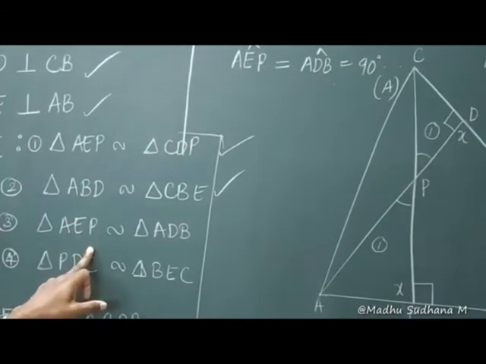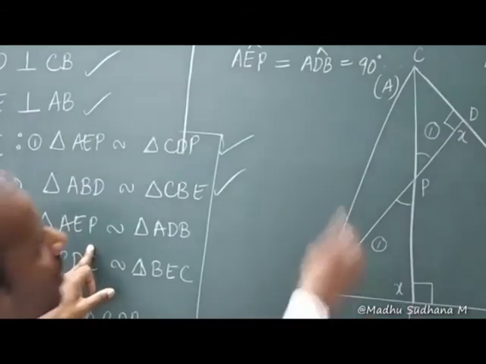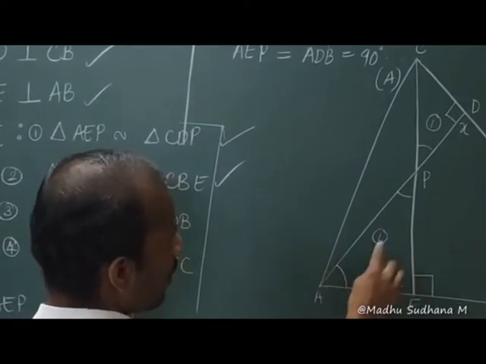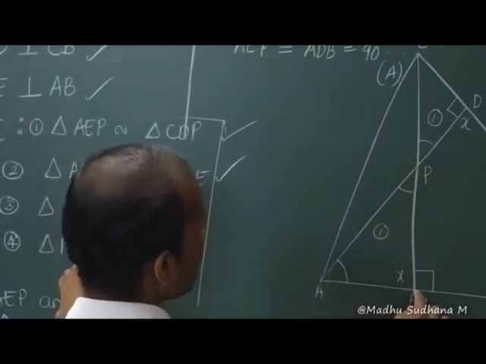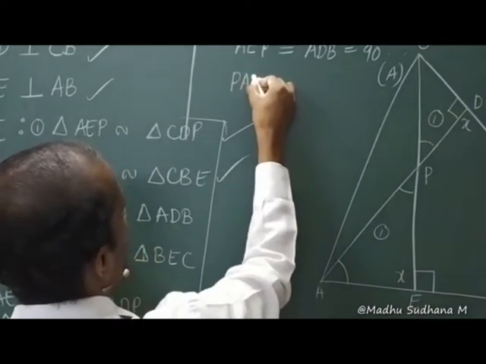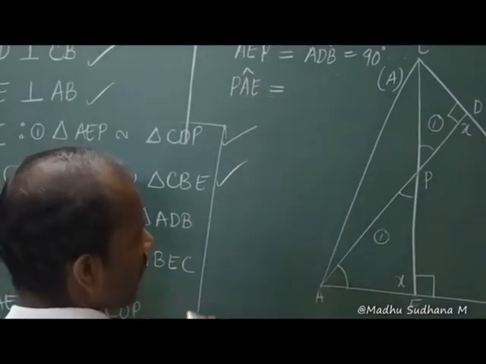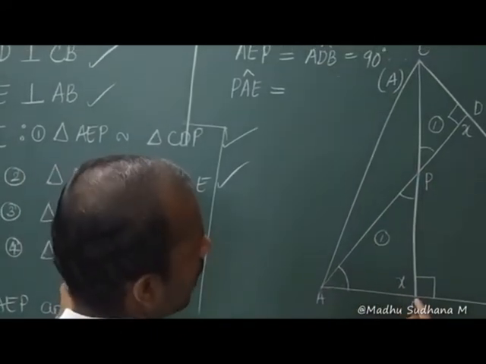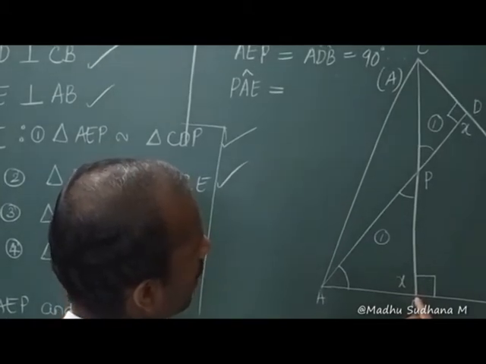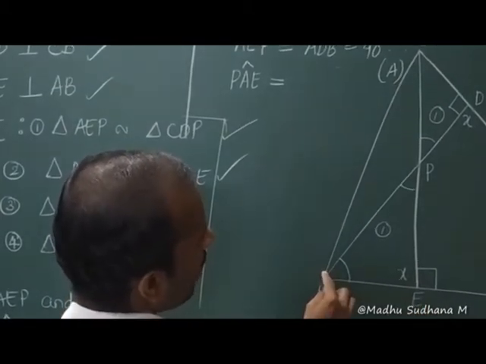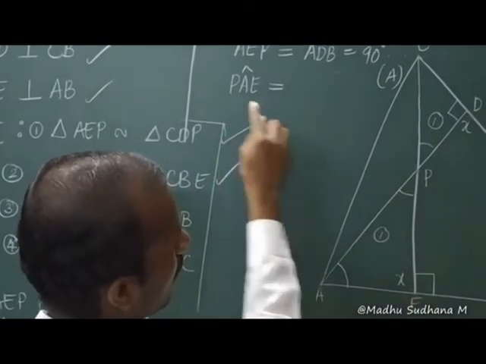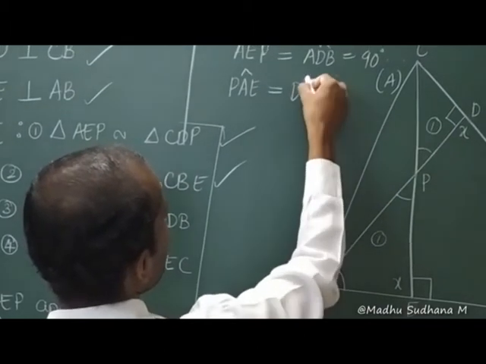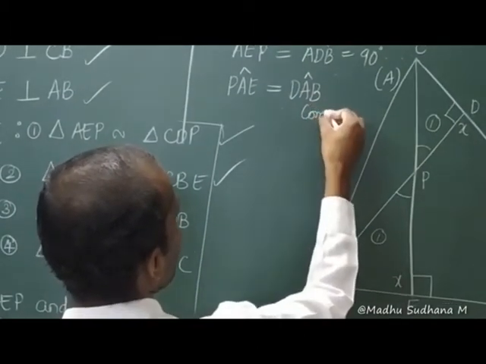So can we find any common angle here? For both these triangles, we can find this angle to be a common angle, right? So let me write angle PAE, which is the same as angle DAB. So this is one common angle.